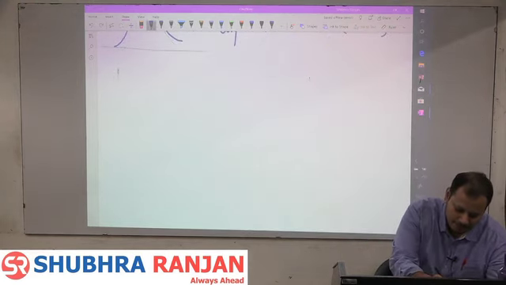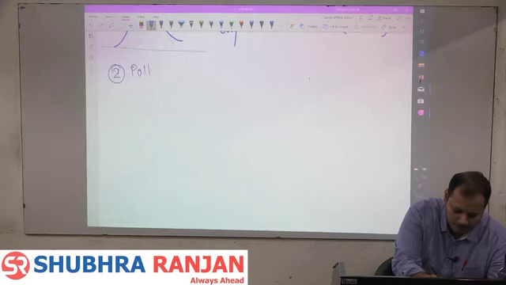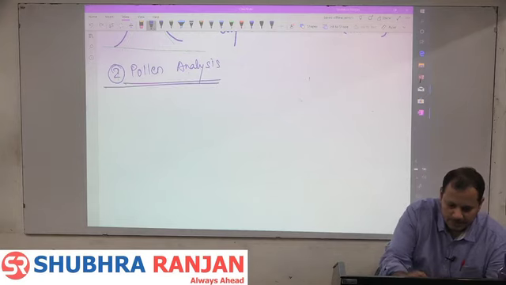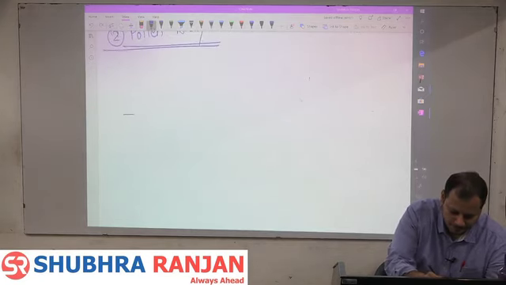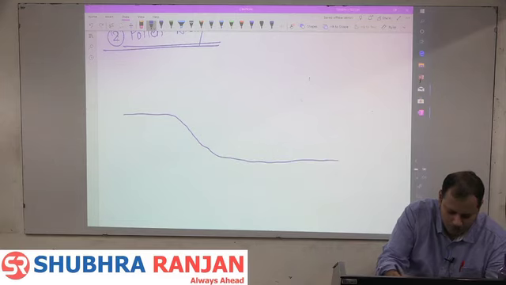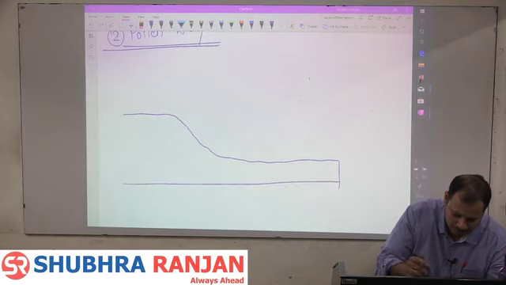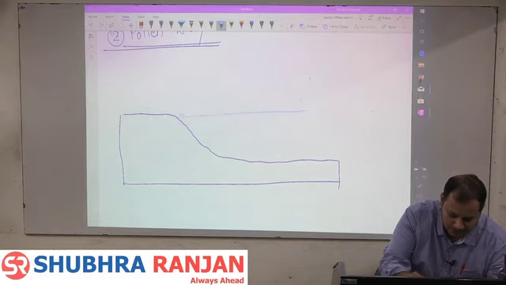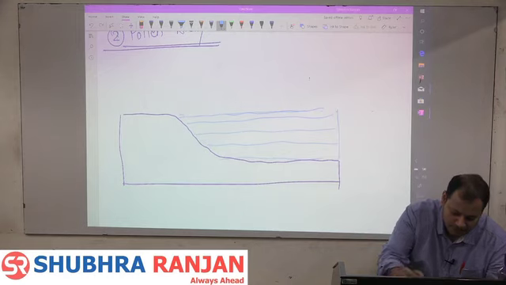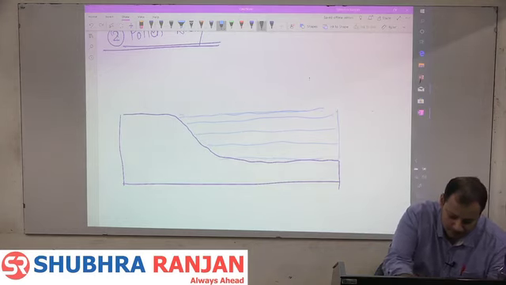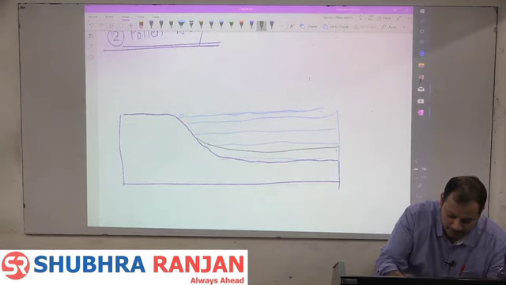Second, pollen analysis. See, most of the pollen grains from the land are destroyed, but a large amount of pollen grains survive on the bottom of the lakes. Suppose this is the bottom of a lake. Getting it? This is the mud.